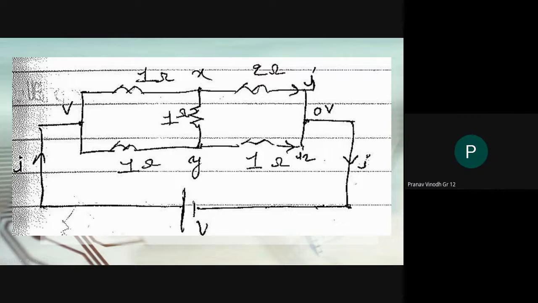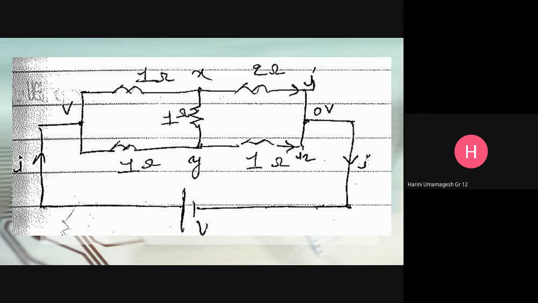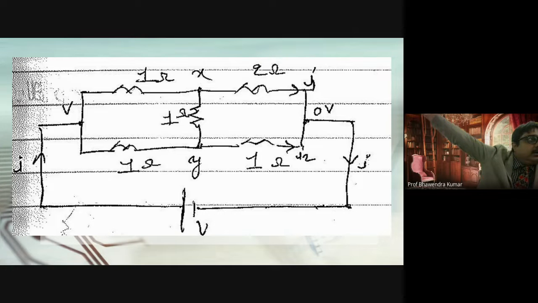That is 3 by 2. I got R as 59 by 30. That is not correct. I got 0.6. Net resistance we have to find.